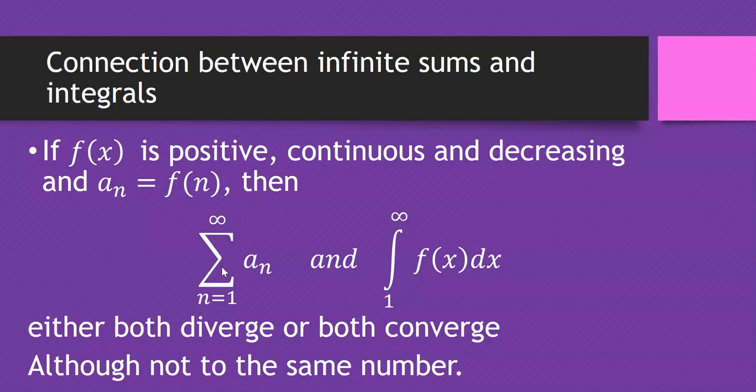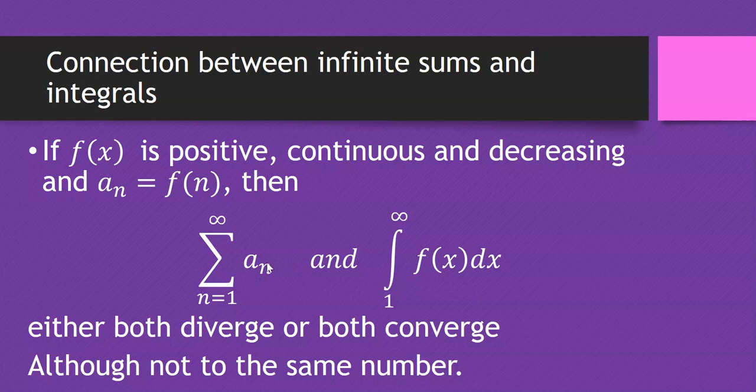If that is the case, then the infinite sum from 1 to infinity of the sequence, so this infinite series, and integrating from 1 to infinity the underlying function, both have to either diverge or both have to converge. So if the integral converges, so does the series. If the integral diverges, so does the series.